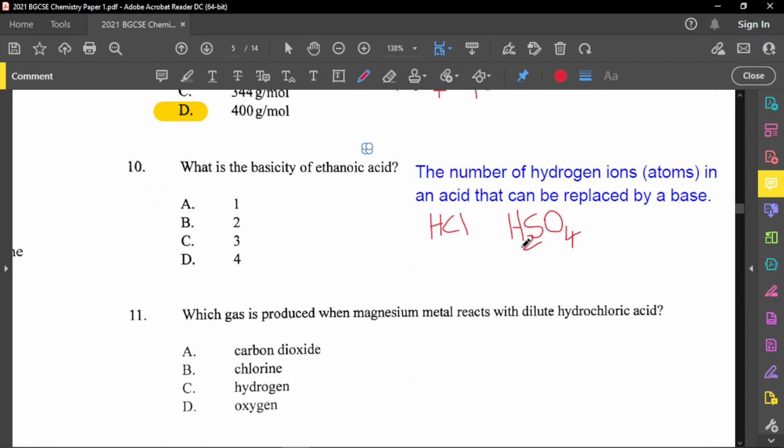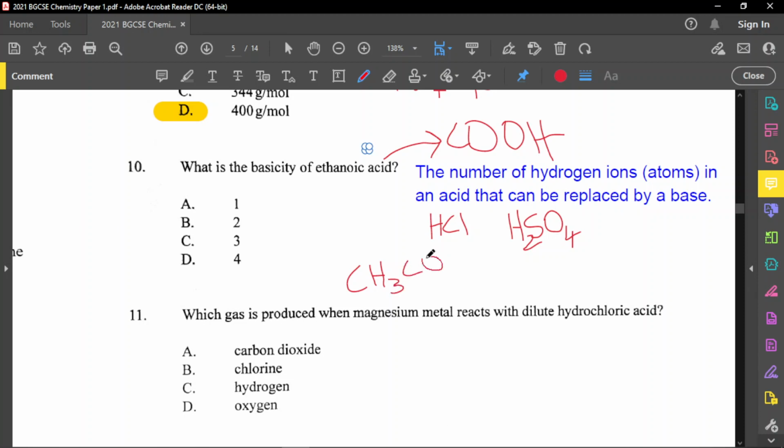Now, for ethanoic acid, let me give you the formula. Ethanoic acid is an organic acid. An organic acid has COOH as the functional group, so in the functional group of the acid, you only have one hydrogen. The formula for ethanoic acid is CH3COOH.